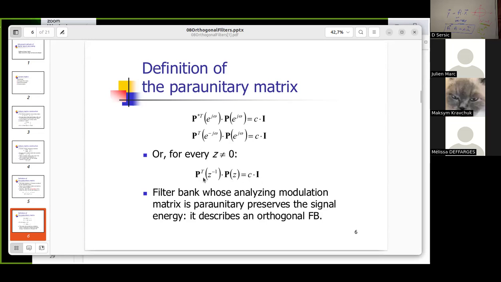Finally, we can express it in this way. Such a filter bank, if that P is the modulation matrix of some filter bank, it will preserve the energy. So on the unit circle, it corresponds to frequency response. The energy will be preserved.